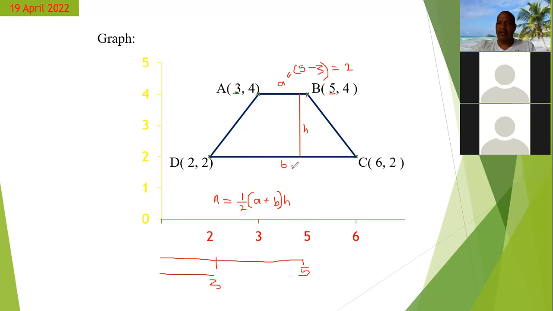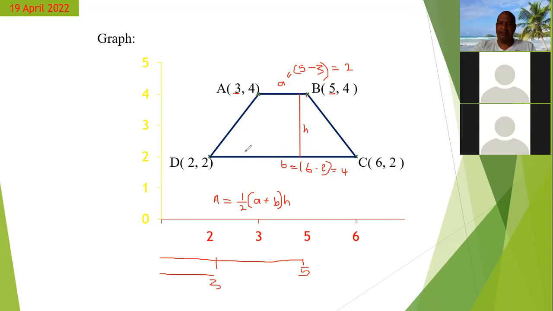Using the same x coordinates, you take away 2 from 6, and that equals 4. All right, so now we know a value for A, and now we know a value for B.